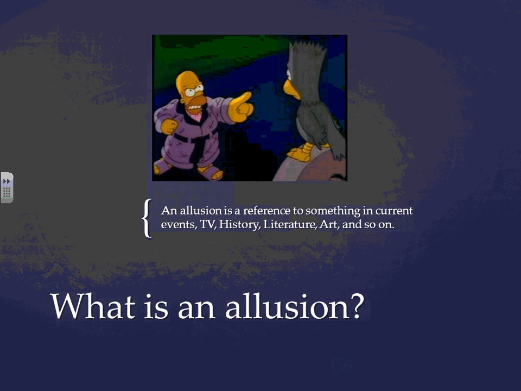Moving on. So, what is an allusion? Your first learning target is, how do I define it? An allusion is a reference to something that is in current events, TV, history, literature, art, sports, science. The list goes on and on. Our picture here, for example, is of Bart Simpson. He is actually in there, but he's a bird, and Homer Simpson is pointing at Bart.